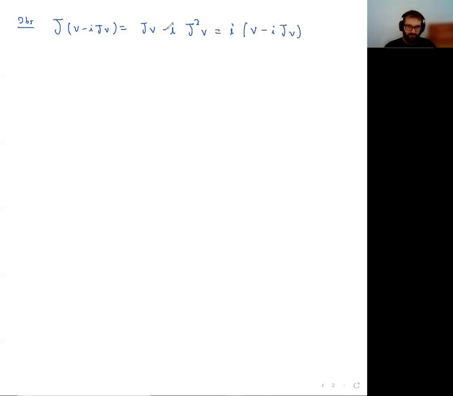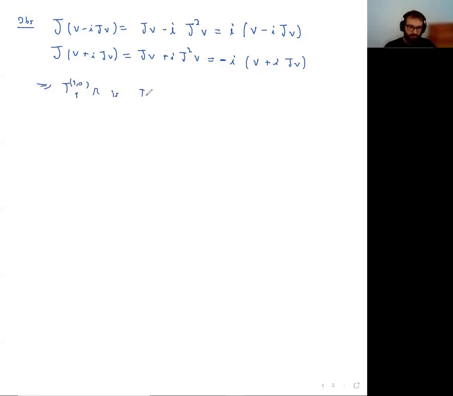Here iV is this term, and iJV is this term times i divided by i. If you do the same for the (0,1) part, you get JV plus iJ squared V, and you get almost the same, but it's negative i times (V plus iJV).